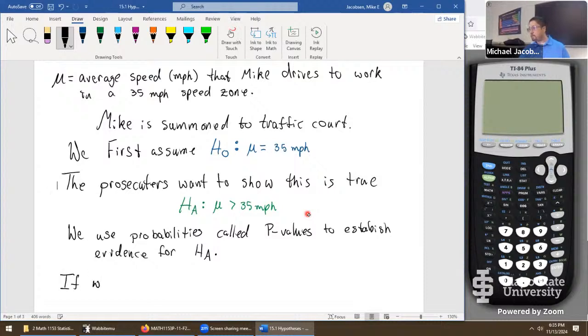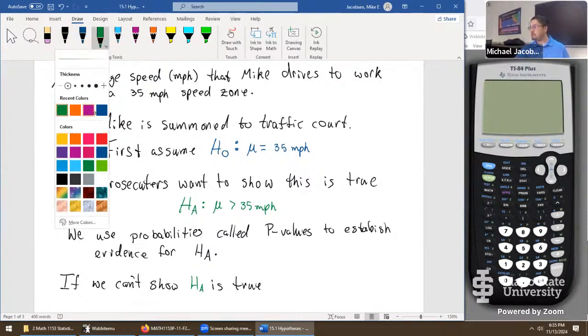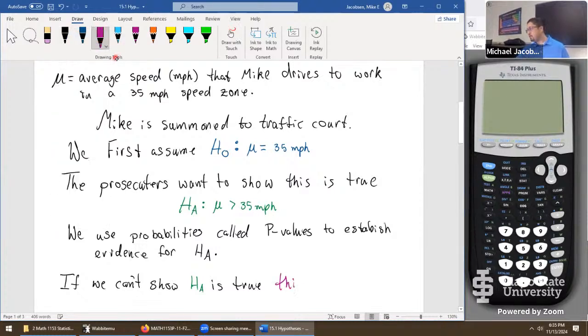If we can't show HA is true, that I was actually speeding in that zone, this does not imply H naught is true.